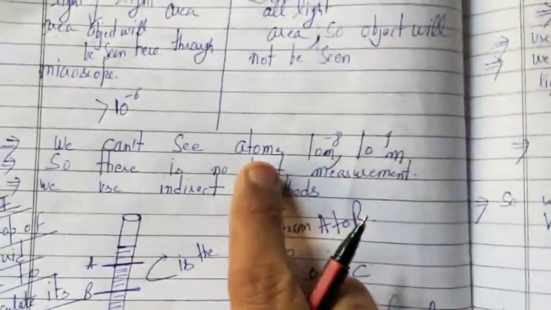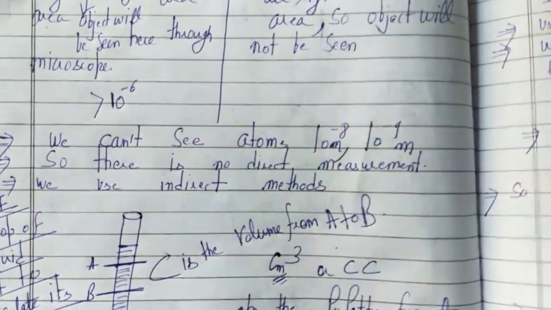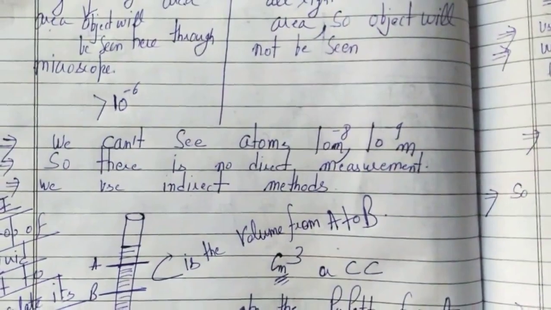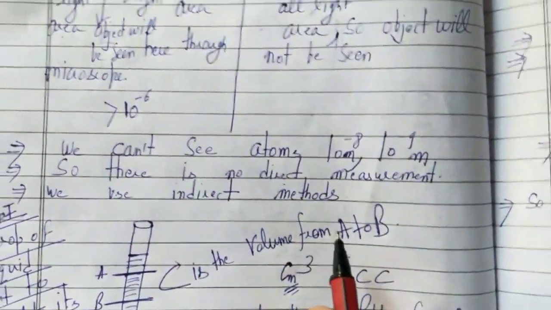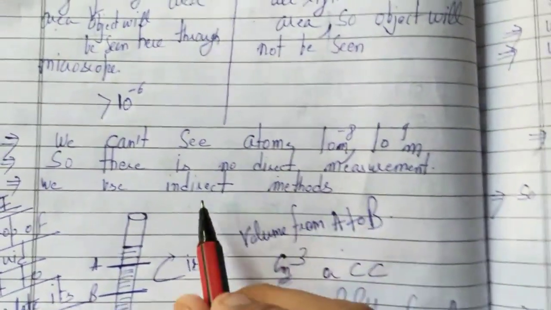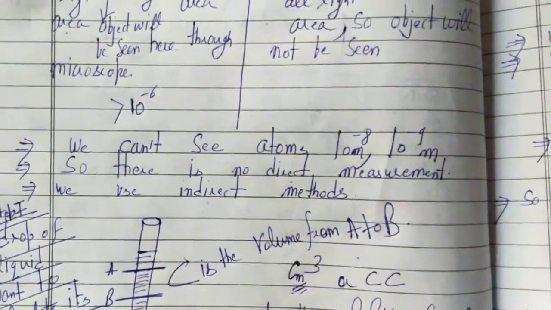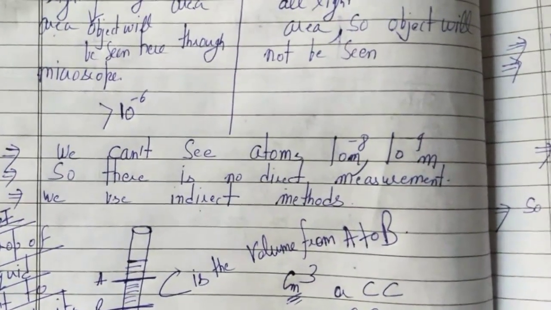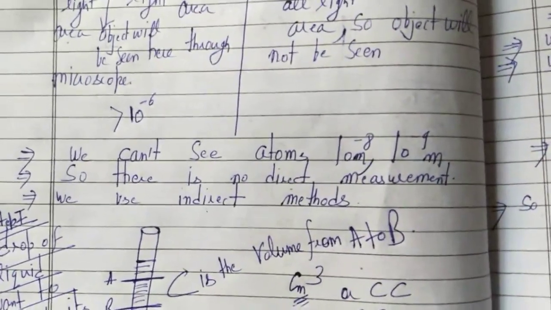So if the size of an atom is 10 to the power minus 8 or 10 to the power minus 9 meter, we will not be able to see it under the microscope. So we can't do direct measurement. So which method do we use for the measurement of length? The method of indirect measurement.